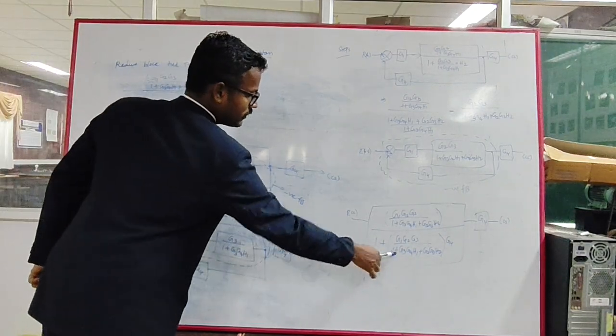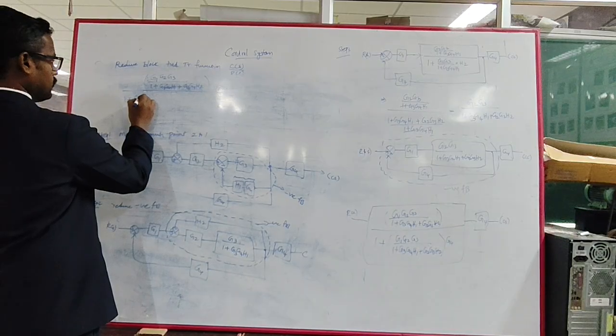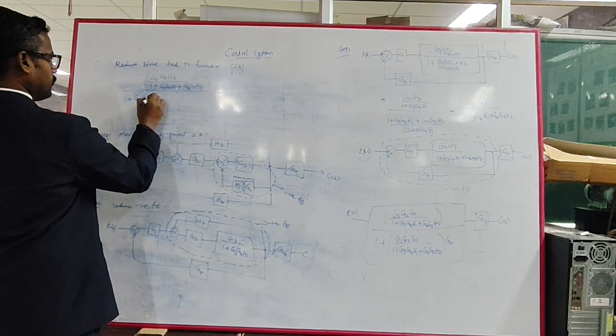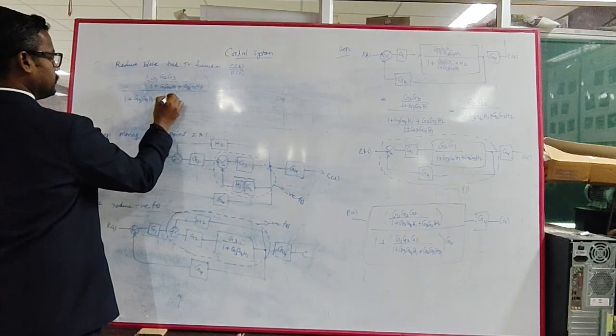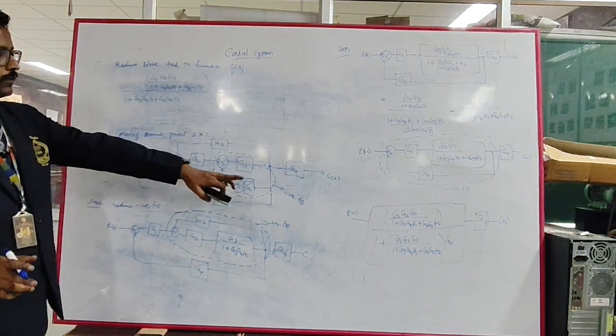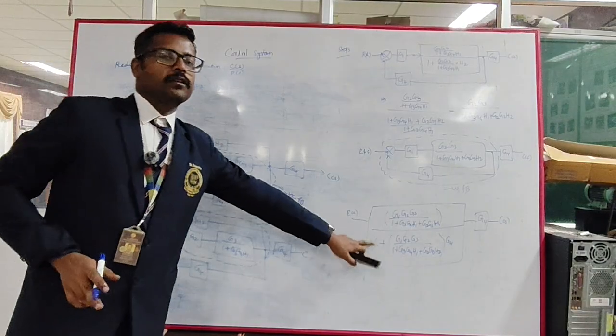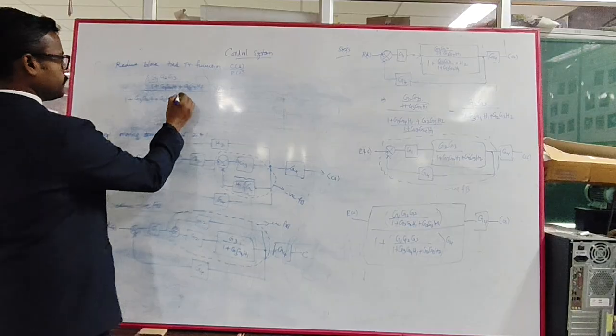If you take the LCM, this will be multiplied here, so I will get 1 plus G3 G4 H1 plus G2 G3 H2. Okay, is it clear now? So we are reducing this block, then we are forwarding it.